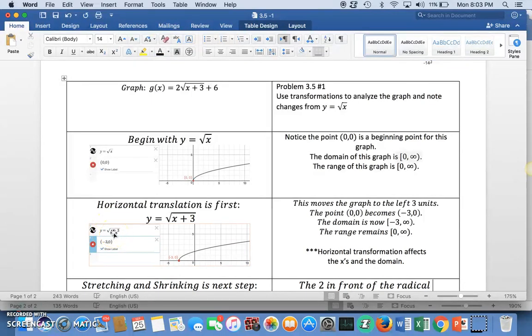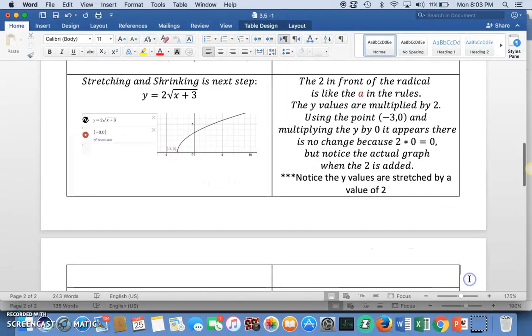Okay, after you do the horizontal, the next is the stretching and shrinking. The 2 in front of the radical is going to do something with that. So you use the rule here, and basically the y values are multiplied by 2. If you took the point negative 3, 0, it really doesn't look like it changes.